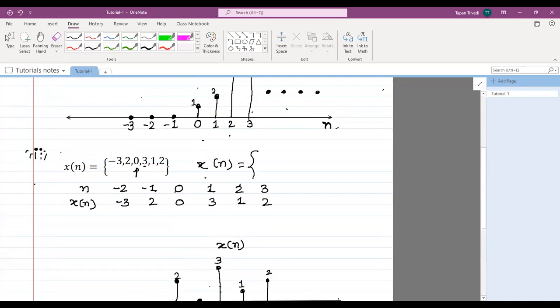It is equal to x of -2, x of -1, x of 0, x of 1, x of 2, and x of 3. It is like this. And how will you find out x of 0? So the arrow indicates x of 0. Understood?